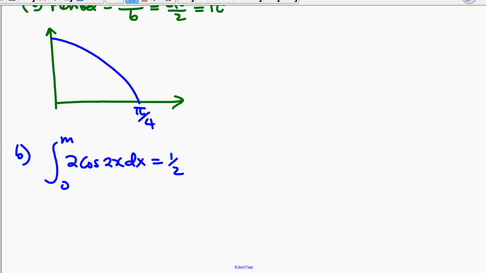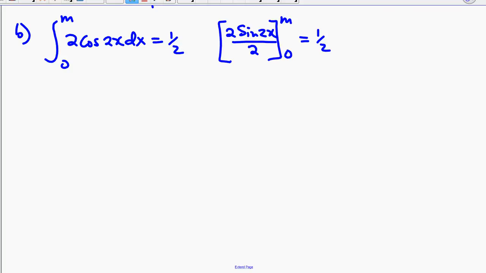Now, if we integrate that, we'll end up with 2 sine 2x over 2 with the limits 0 to m, and that will be equal to a half, which will give us sine 2m is equal to a half.